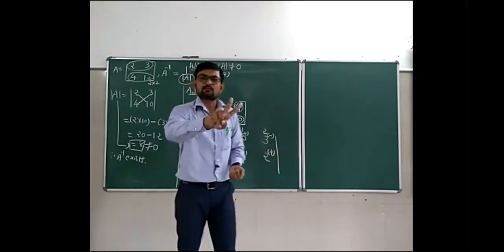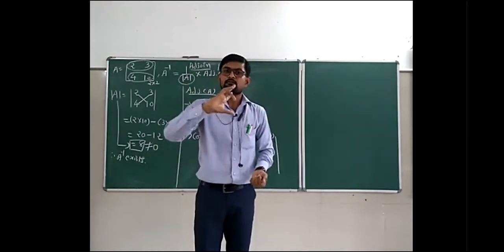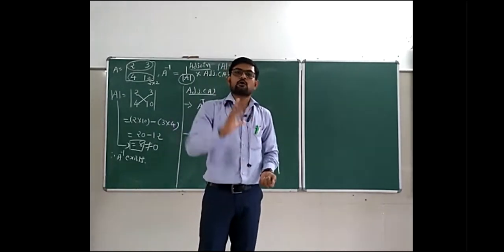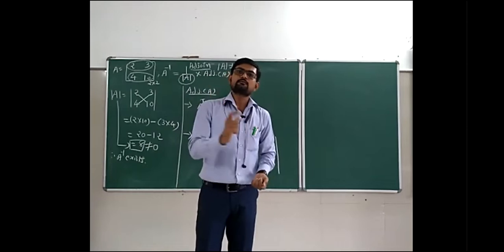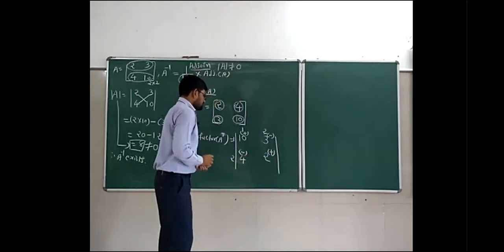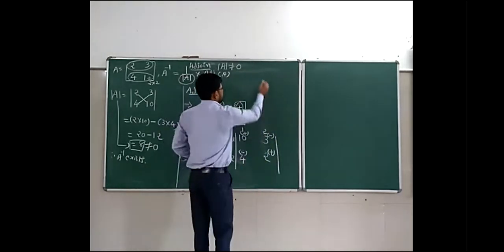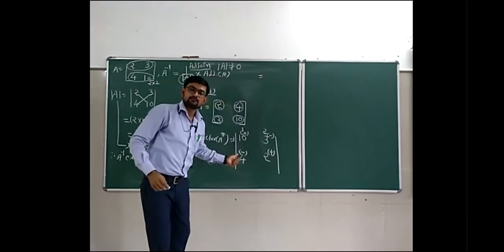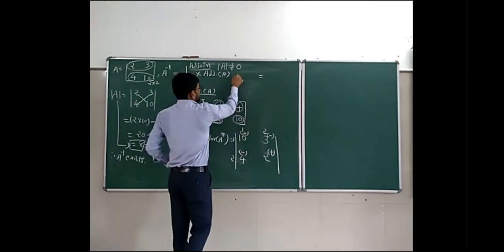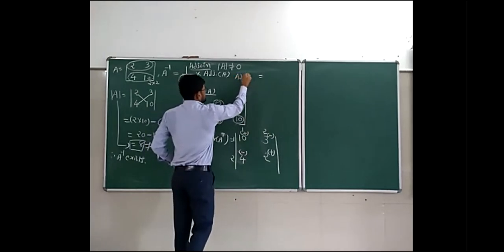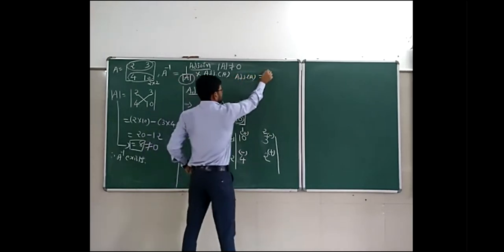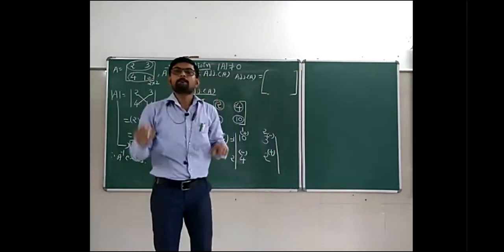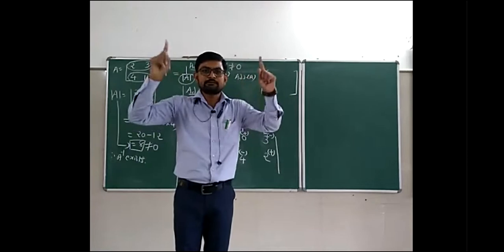So if the answer of row and column is even, then use plus sign, and if it is odd, then use minus sign. And after changing the sign, you will get the adjoint of A. And again, adjoint of A is written in matrix form, not determinant form.